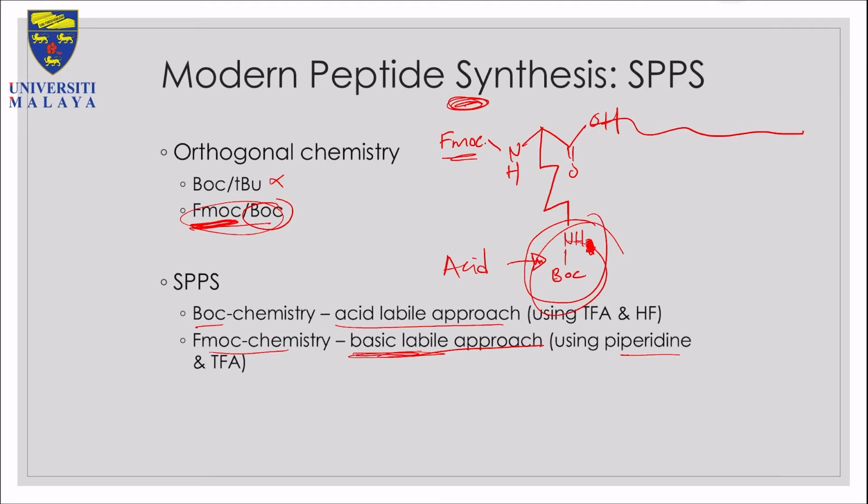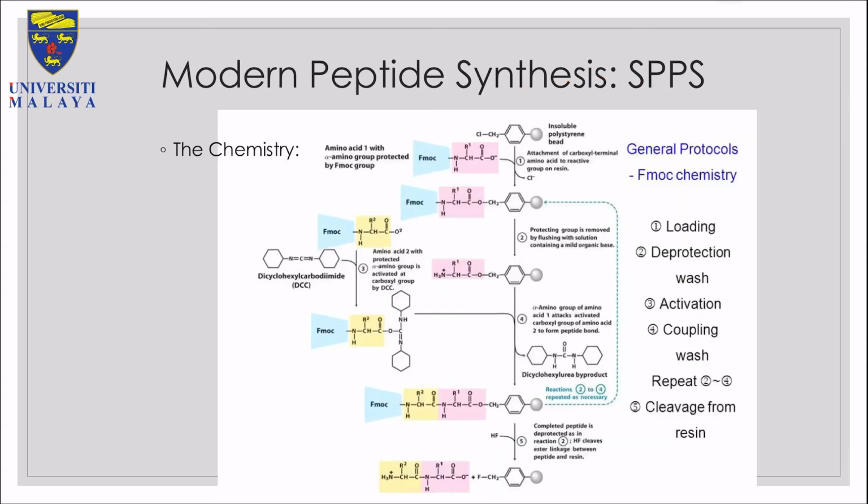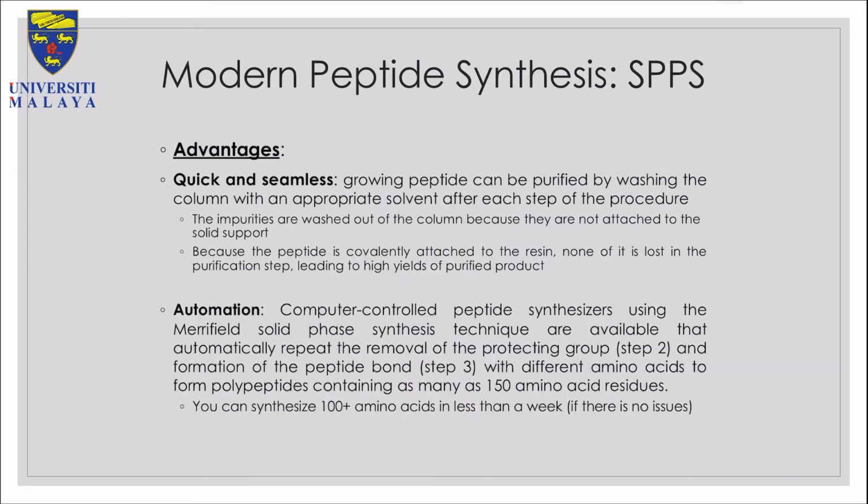So that's one of the options that we have and that is readily available to use in my lab at the chemistry department. This is just to show you the general protocols for Fmoc chemistry. Pretty much the steps are identical to the Boc synthesis, it's just that you are substituting TFA with piperidine. You can just read it on your own.